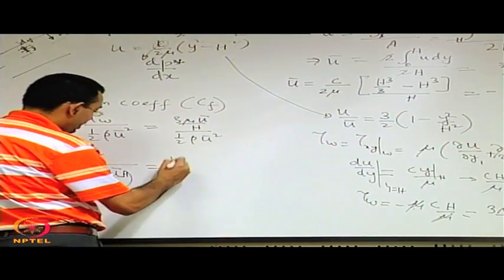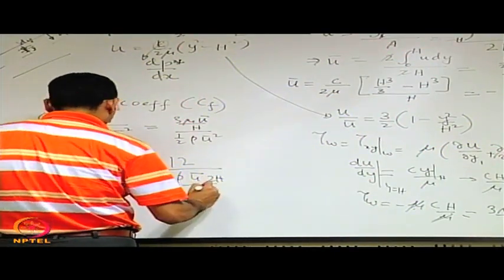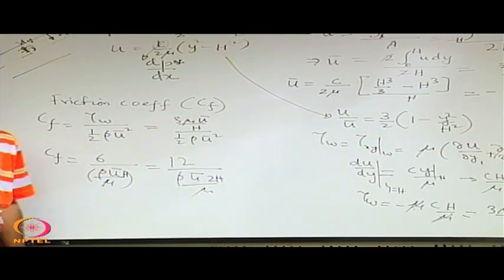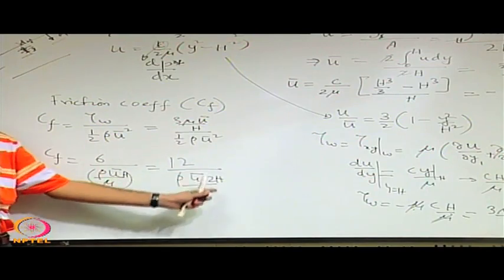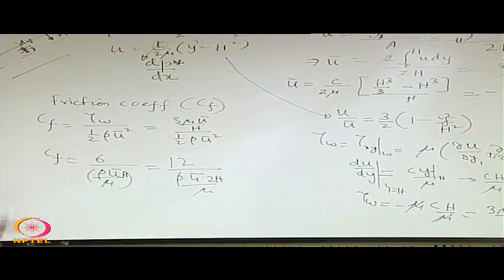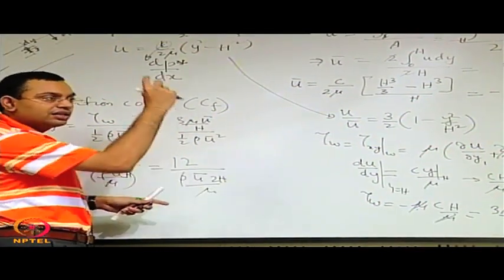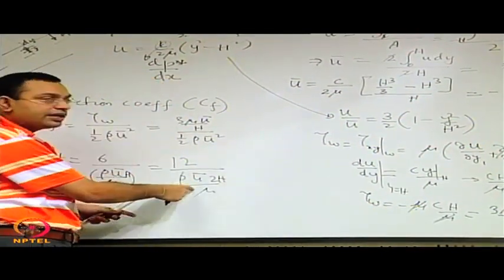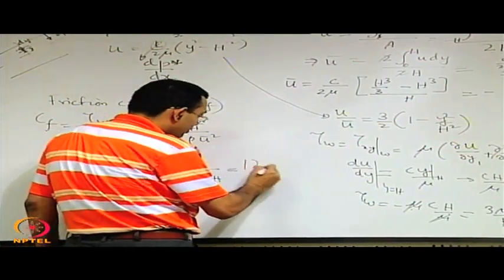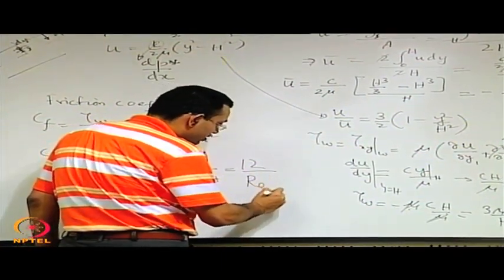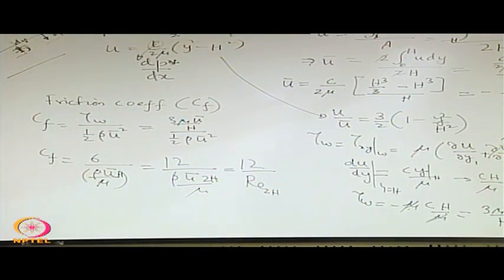So, this you can write as 12 by rho u average into 2h by mu. And importantly, this rho u average into 2h by mu, it represents what? It is like if you see rho into velocity into the characteristic width of the channel divided by mu, it is a Reynolds number. So, this is 12 divided by a Reynolds number based on the length scale 2h, which is the distance between the two plates.